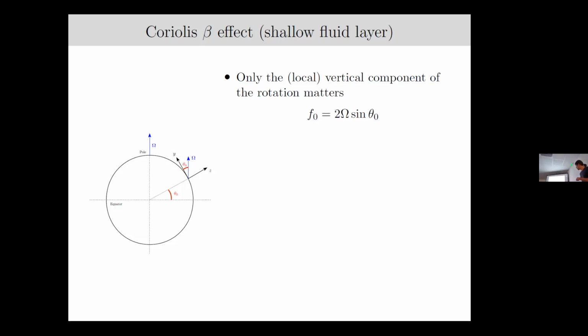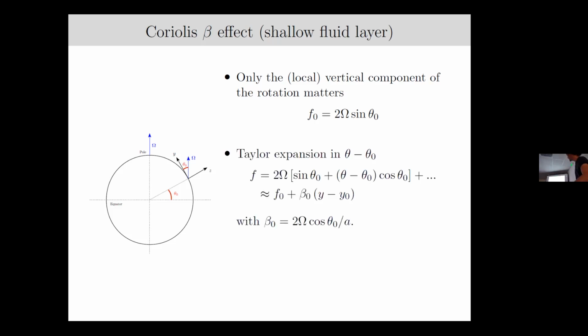You can work with this, or you can expand it locally to have a simple linear approximation of this variation. You expand your Coriolis parameter in this tangent plane, so you linearize it, and you just get a linear variation as you move in the south-north direction. So you get this beta naught coefficient, which depends on your position and on the planetary radius.